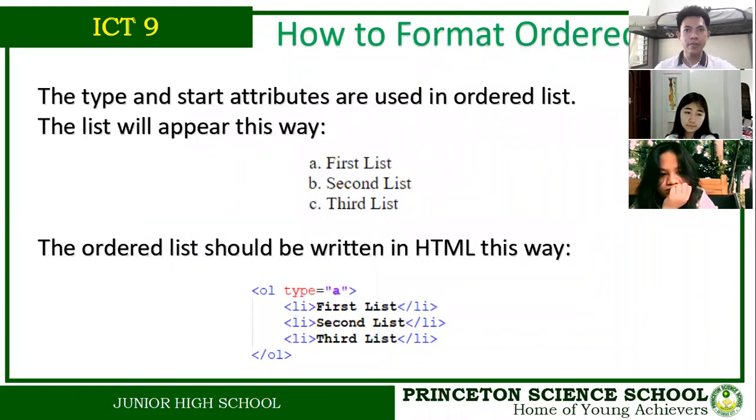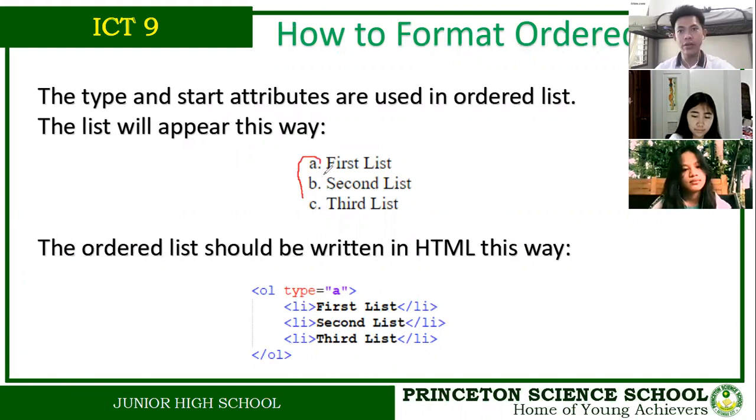Okay, here. So another way to display our list is by alphabetical order. In here you can see it is already using A, B, and C. So aside from it being a number in the ordered list, it is using the alphabetical order.